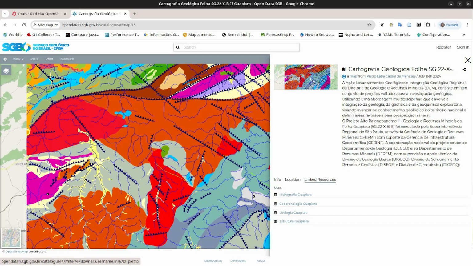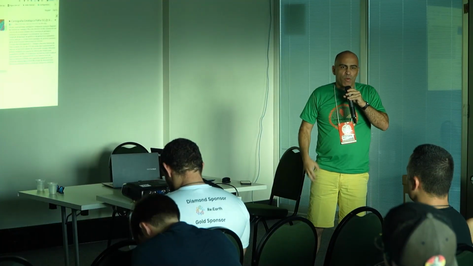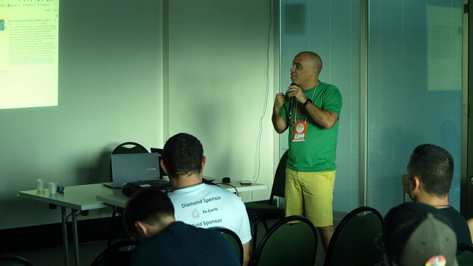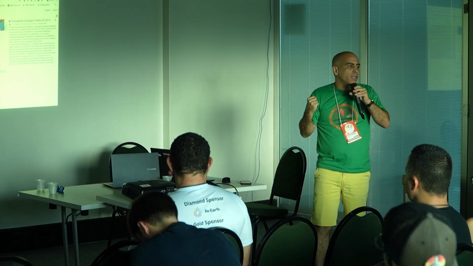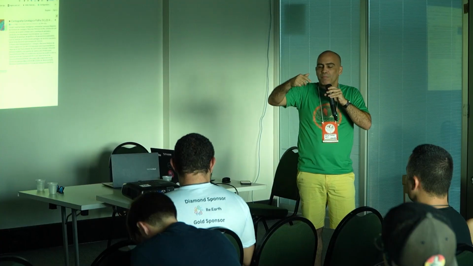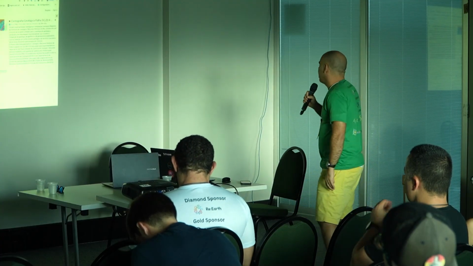But one capability is lacking in GeoNode, and we plan to develop it as a plugin: a bulk download of the linked resources for the geologists. Not only downloading the lithology data, we have to download all of the layers.